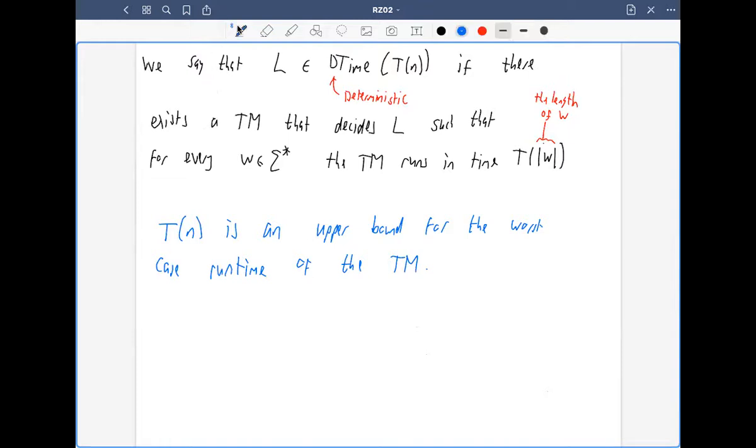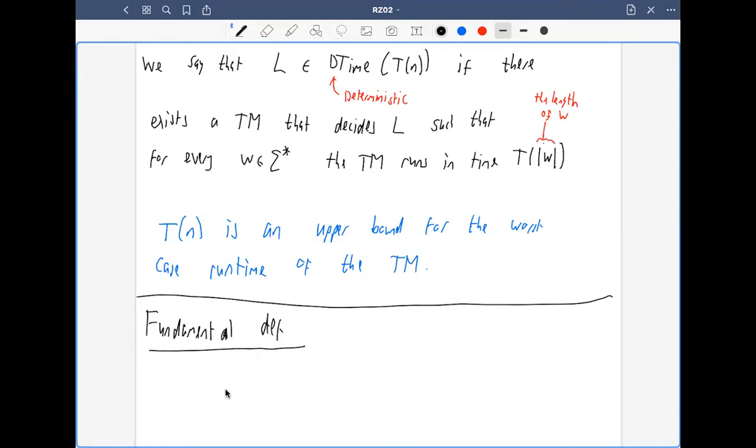Fundamental definition: the problem class P, those problems that are computable in polynomial time, is the union over all d from the integers of deterministic time of n to the d.